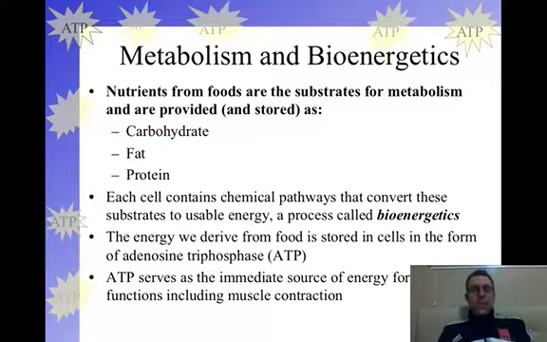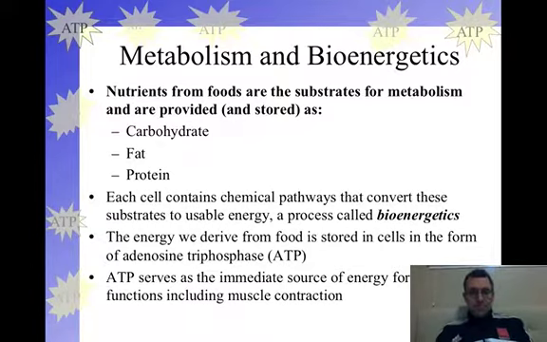Our bodies, and each cell basically in our body, contain different chemical pathways to take those substrates, right? We're going to start calling them substrates, to take the carbohydrates, the fats, and the proteins and convert them into usable energy. Our body has preference for carbohydrates over the other two, but the other two are actually quite important and sometimes very important. So really, all three are going to be discussed in this lecture.